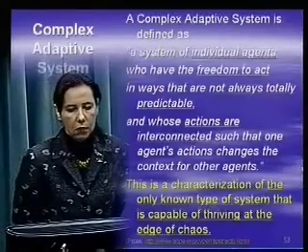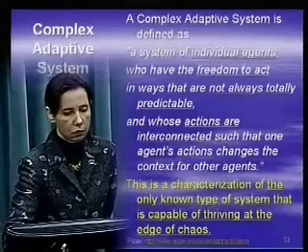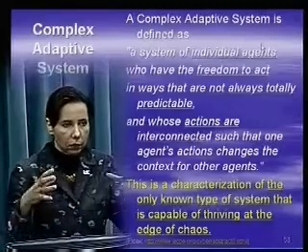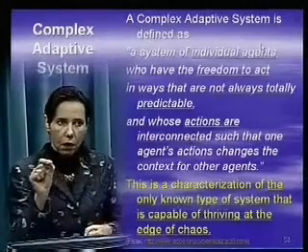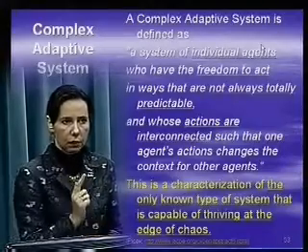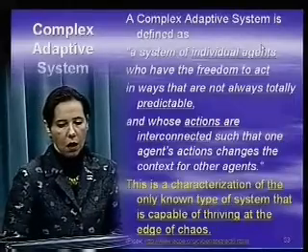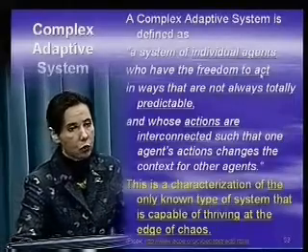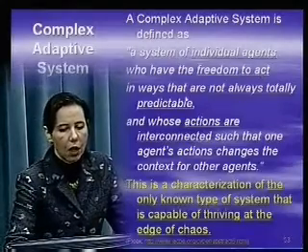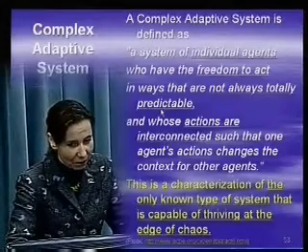A complex adaptive system is defined as a system of individual agents. You see, individual agents is very important. It's not all together. Everybody, everything is single, is individual, by himself, who has the freedom to act, each with their own freedom to act in ways that are not always totally predictable.